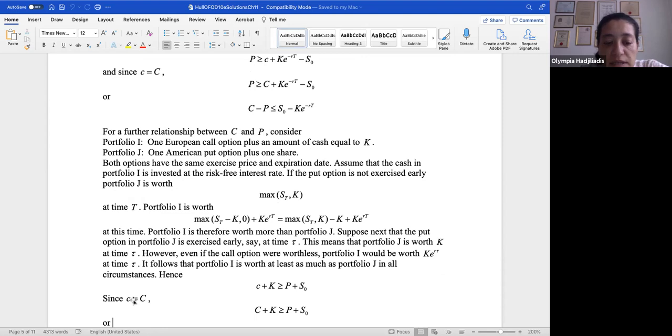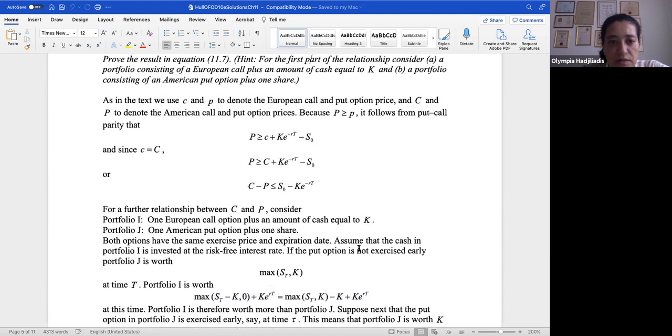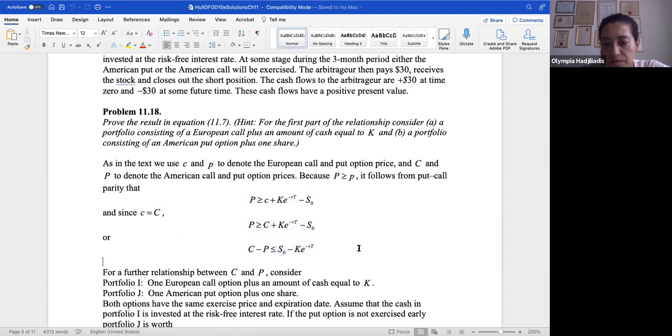And since lowercase c is equal to uppercase C, European call equal to American call, you obtain C plus K is greater than or equal to P plus S0, or C minus P is greater than or equal to S0 minus K, and you have managed to obtain the lower bound in this relationship. So combining this with the other inequality, we obtain basically equation 11.7, excuse me.